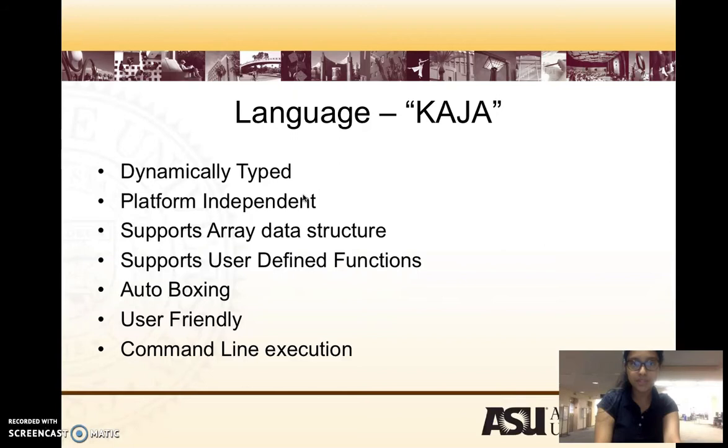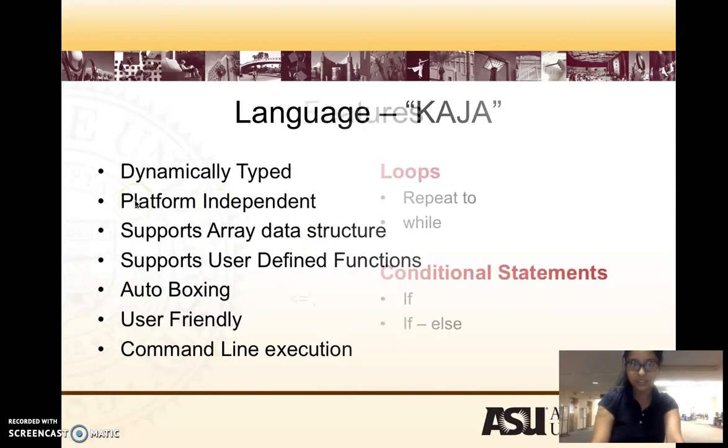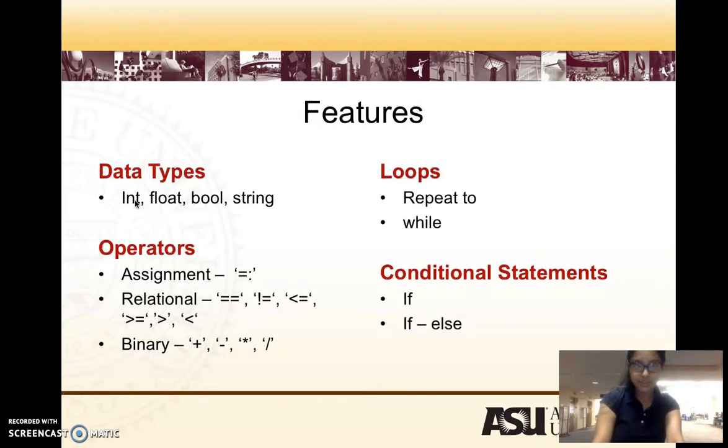The other special functionalities we have are the added features of an array as a data structure, and user-defined functions, which we are expressing as parameterized and non-parameterized functions. We have also provided the provision of passing the program through the command line. So these are the features we talked about, like the data types that we have.